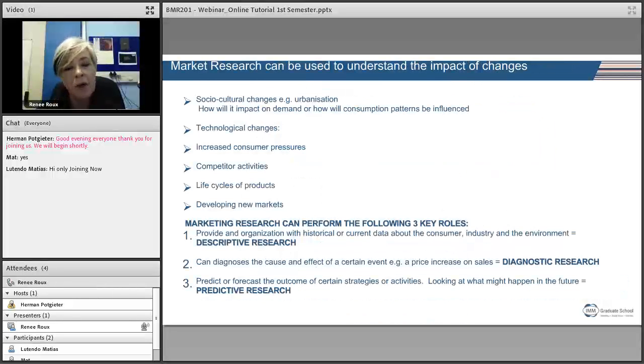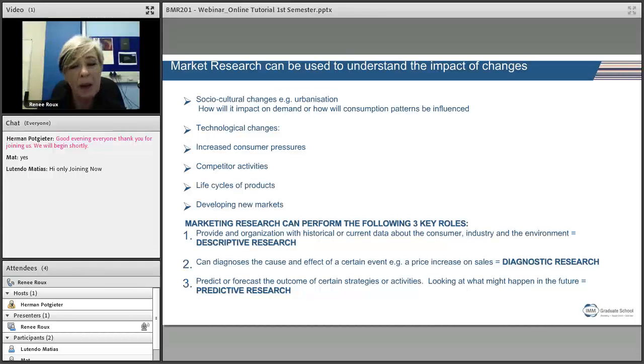Market research can be used in various contexts. It can help you to understand social and cultural changes. For instance, in South Africa, and I think in a lot of other countries, we see a socio trend of urbanization. People are moving from rural areas into cities and big towns because they believe there are better opportunities for them that will ultimately provide them a better quality lifestyle.